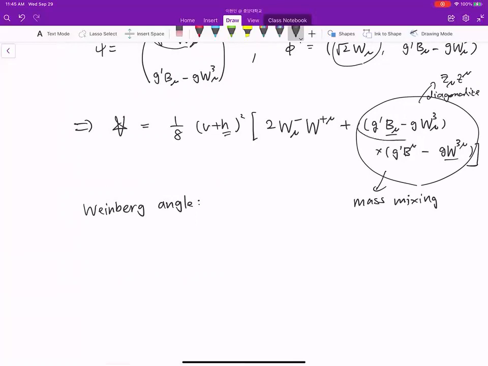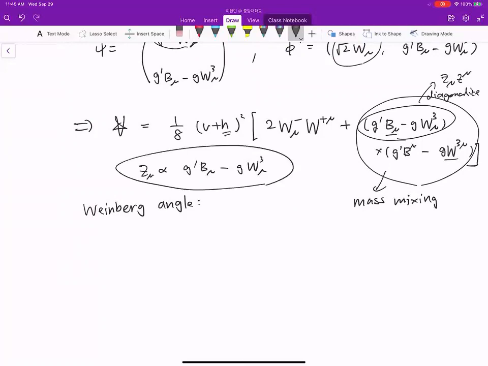Because of that, the Z boson must be proportional to this particular combination, and the orthogonal combination must be the photon.